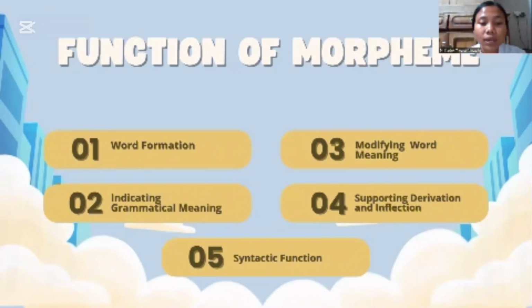Next, the second one is indicating grammatical meaning. Morphemes are often used to indicate change in the meaning or grammatical function, such as tenses, changing a word type, and categorization. For example, in tenses, a morpheme can indicate the time.